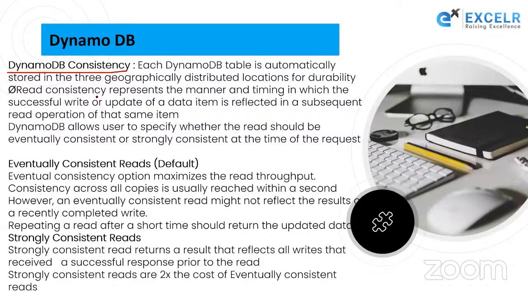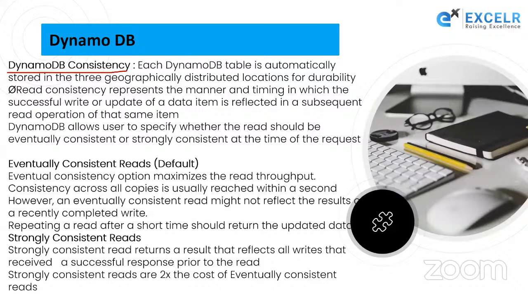So whenever you store your data and you want to immediately read that data, that is called consistency of the data. Whenever you do a write and read it immediately, you might get the data which was just written into that database, or there are chances that you might not get the data as well. Why? This is because of the consistency of your database.